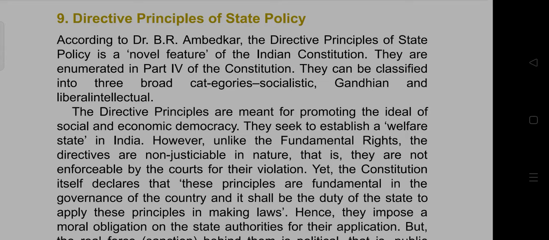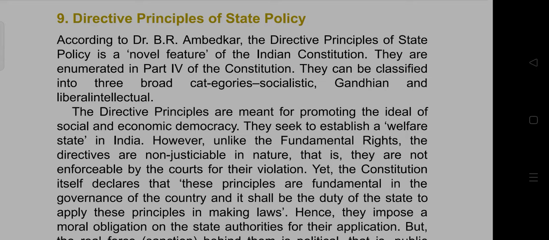However, unlike the fundamental rights, the directives are non-justiciable in nature. That is, they are not enforceable by the courts for their violation. Yet the Constitution itself declares that these principles are fundamental in the governance of the country, and it shall be the duty of the state to apply these principles in making laws.